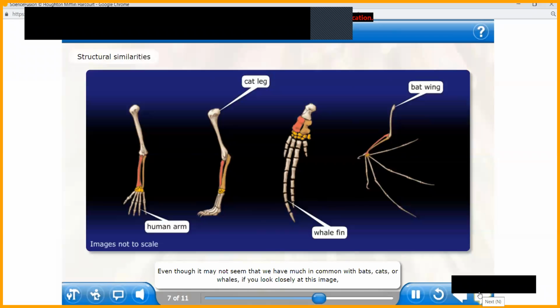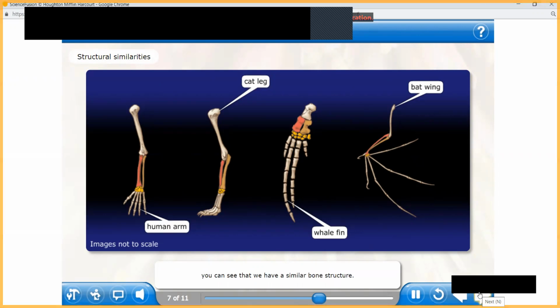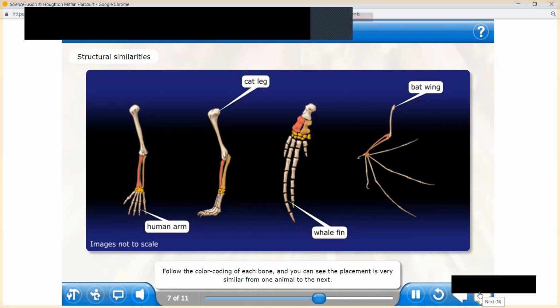Even though it may not seem that we have much in common with bats, cats, or whales, if you look closely at this image, you can see that we have a similar bone structure. Follow the color coding of each bone, and you can see the placement is very similar from one animal to the next.